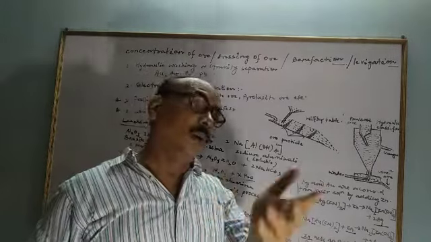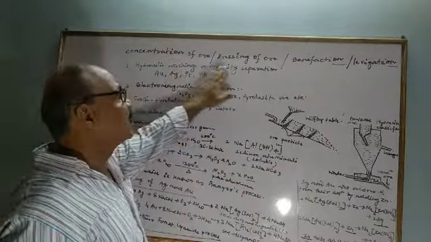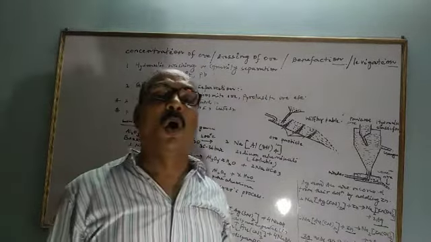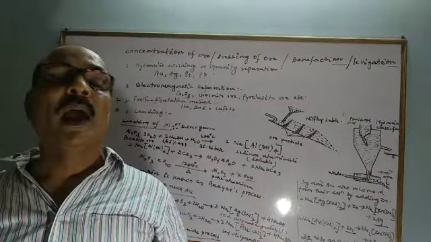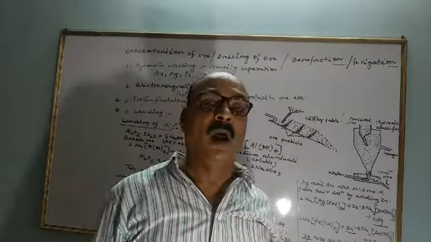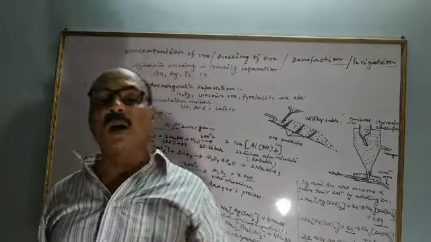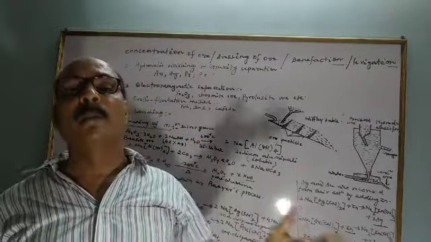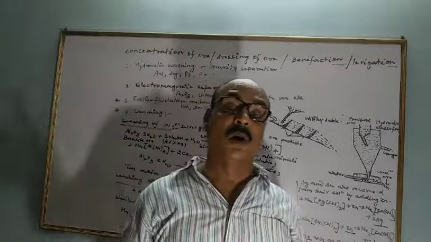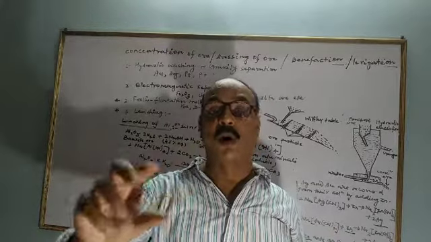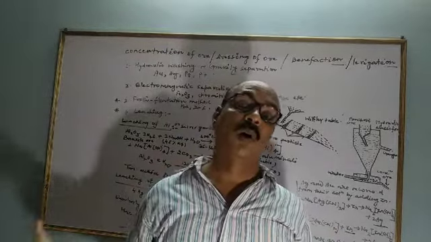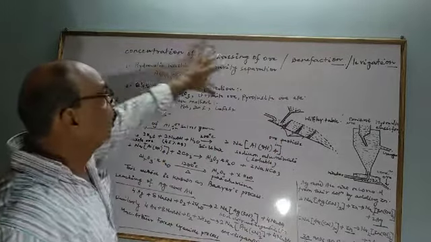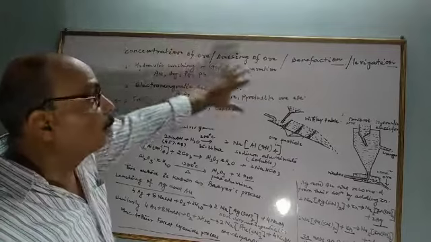In case of native metals, this is based on the principle of difference in the densities of the impurity and the ore particle. As you know well, ores are heavier and impurities are lighter. So big lump particles are first ground or crushed into small pieces, then converted into fine powder, which is called pulverization.